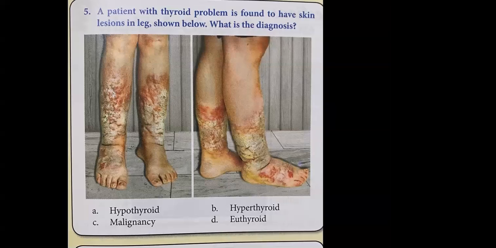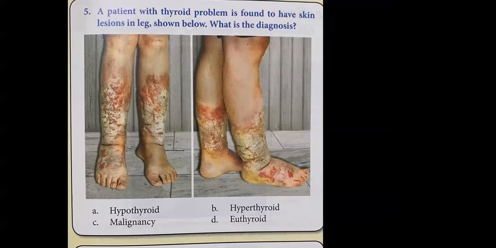There are two different clinical pictures, of hypothyroidism and hyperthyroidism. Pretibial myxedema is seen in hyperthyroidism. So what are the symptoms of hypothyroidism? Weight gain, loss of hair, edema, myxedema.